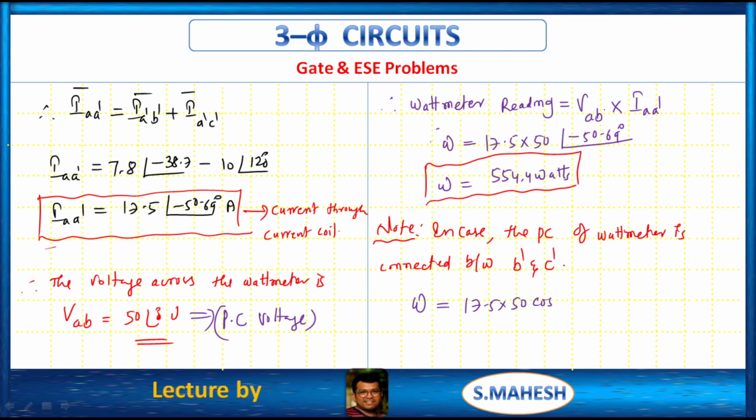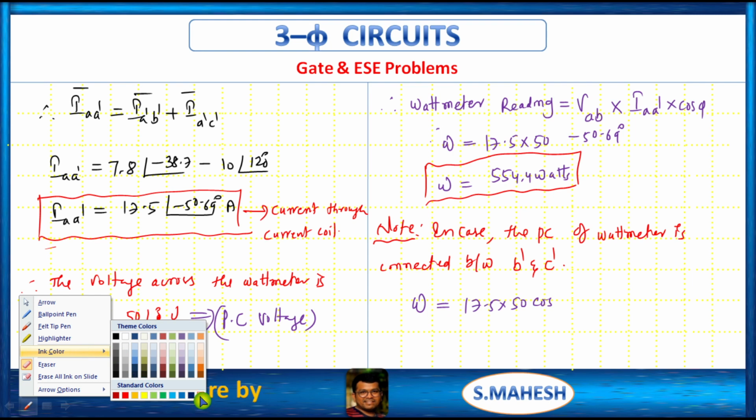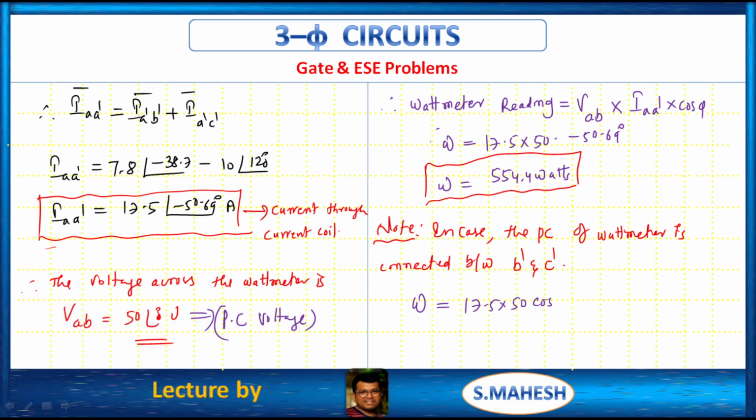Sorry, here we have VI cos of this angle, right? Cos phi. We have to write cos of this angle. That's it.